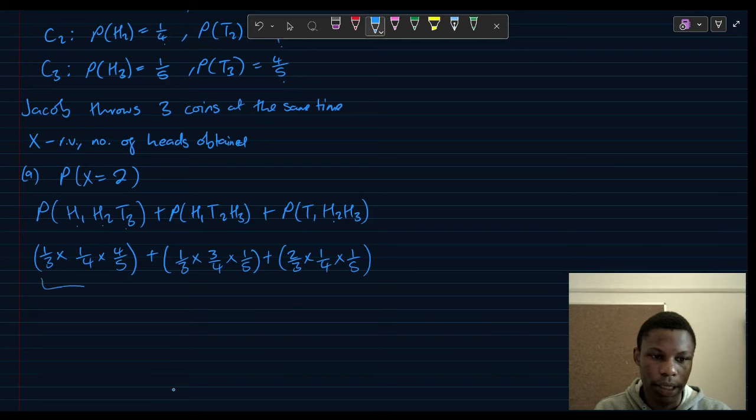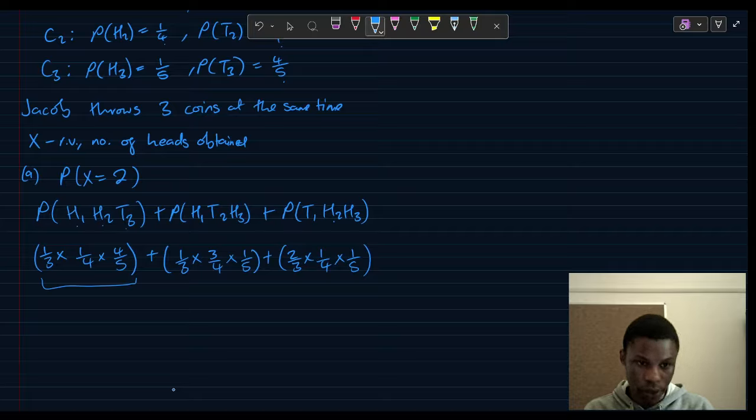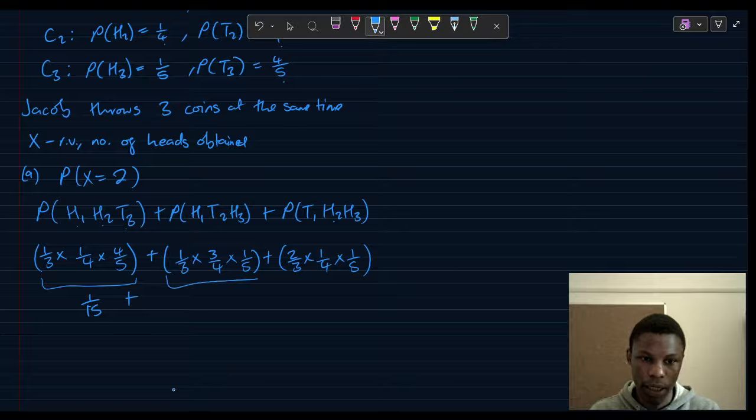And so let's evaluate each bracket. I've got 1 over 3 times 1 over 4 times 4 over 5. That's 1 over 15, plus the next bracket, 1 over 3 times 3 over 4 times 1 over 5.